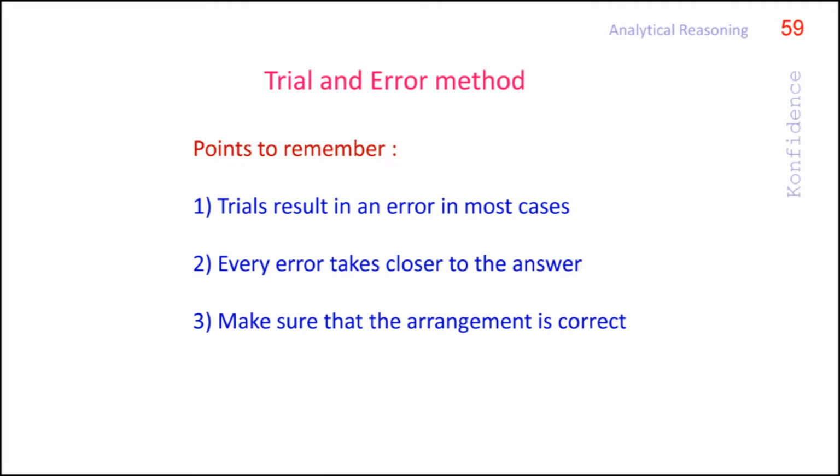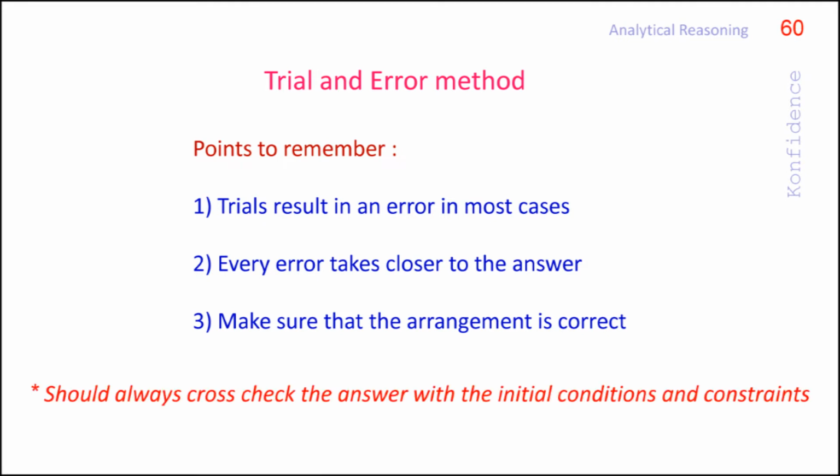It is very important that we make sure that the answer is correct before we mark them. These kinds of questions will come in a block, and if the arrangement is wrong, all answers will be wrong, and if you get 4 or 5 wrong at one go after having spent considerable time, it will be a total waste of an exercise.